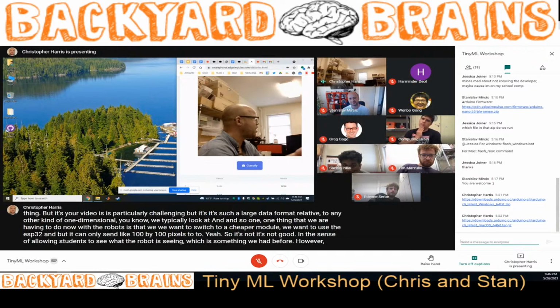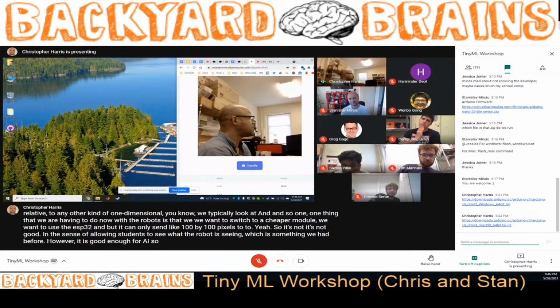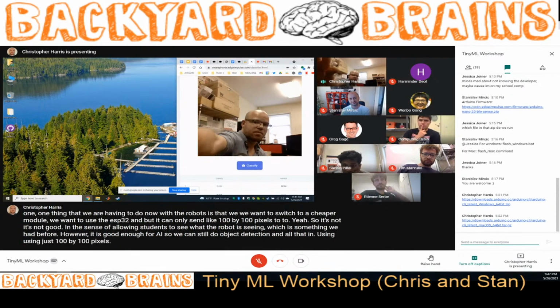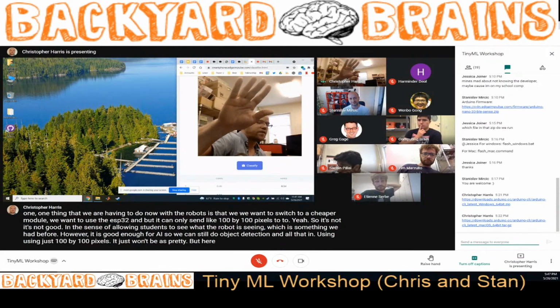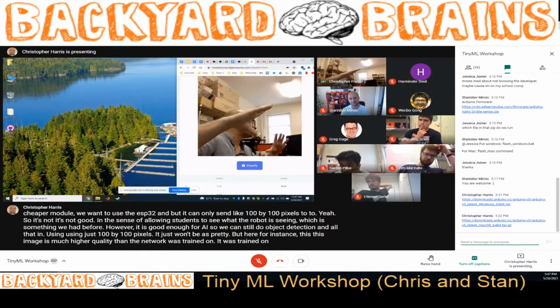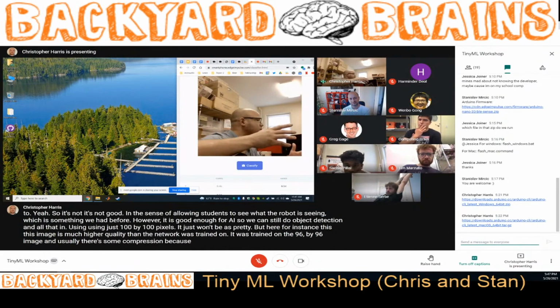However, it is good enough for AI, so we can still do object detection using just 100 by 100 pixels. It just won't be as pretty. But here, for instance, this image is much higher quality than the network was trained on. It was trained on a 96 by 96 image, and usually there's some compression because the larger the image, the longer the network takes to train.